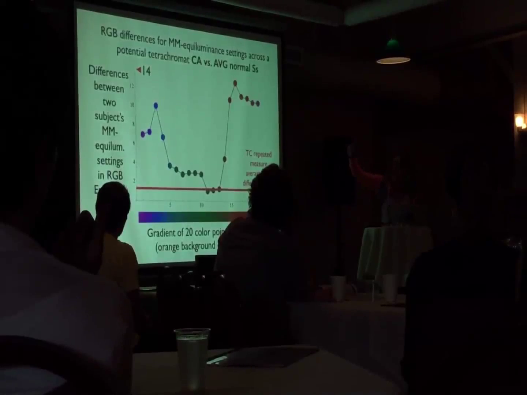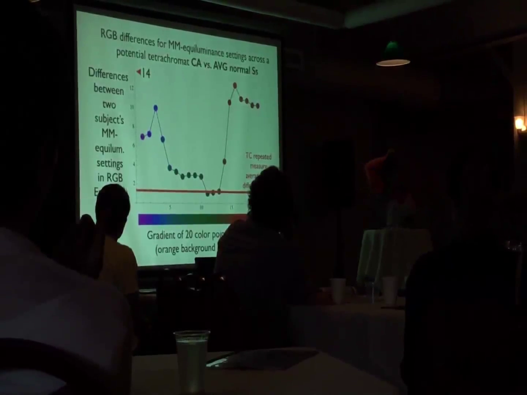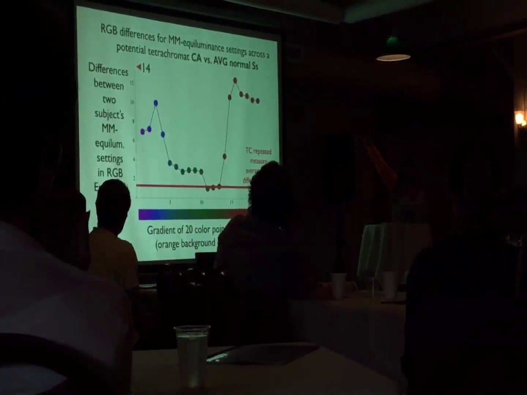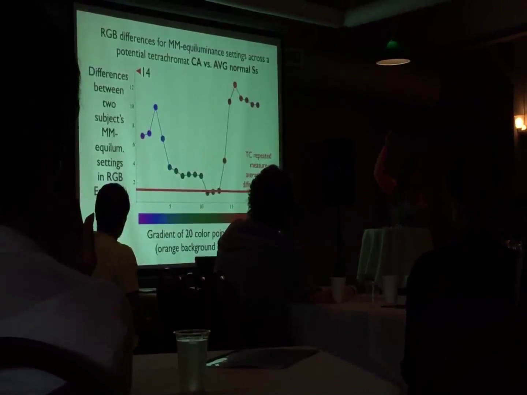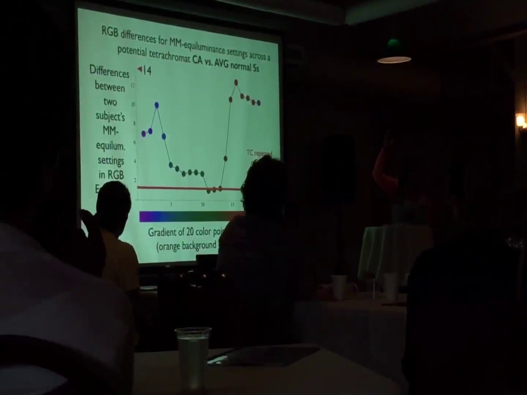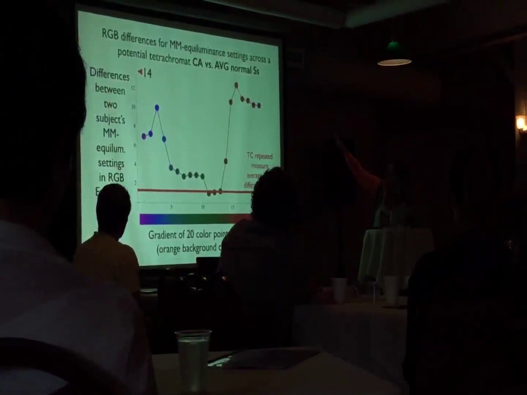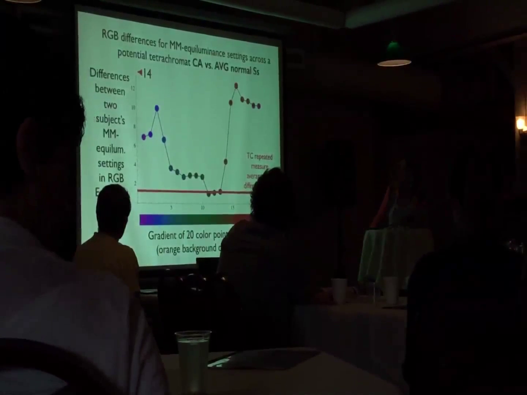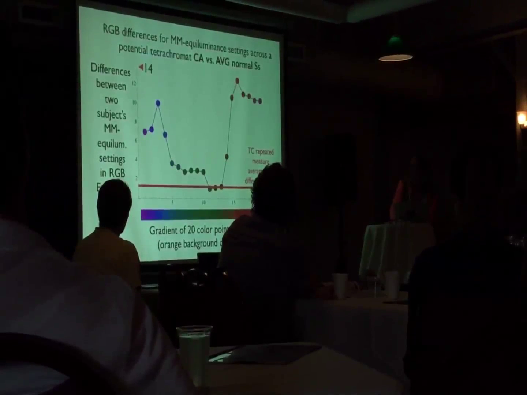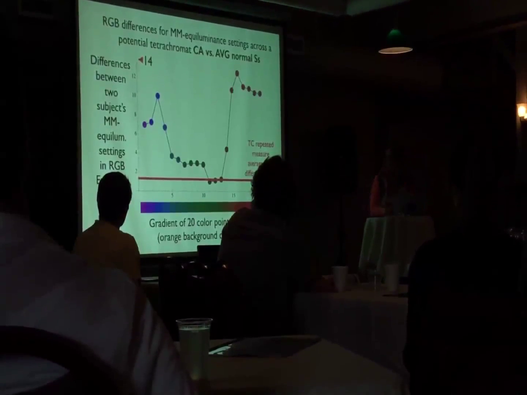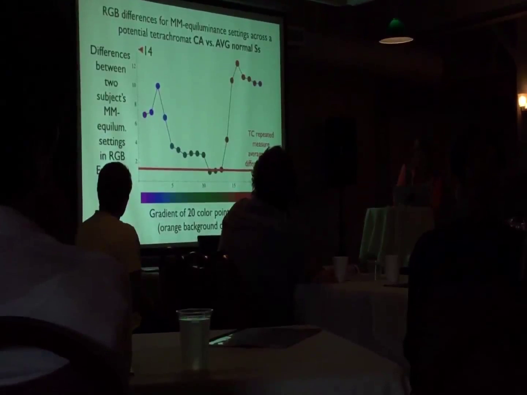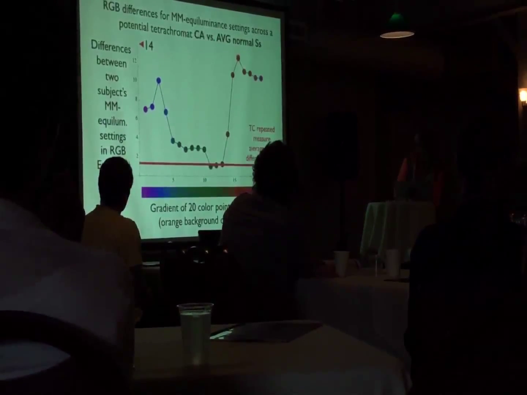First note the scale up here. Okay, the size of this difference is topping out at around 14, whereas the previous graph between two normal subjects was topping out at 8. And once again, we notice this similar profile of differences where things are more uniform in this middle region of the spectrum, but they deviate a bit at the ends of the spectrum.